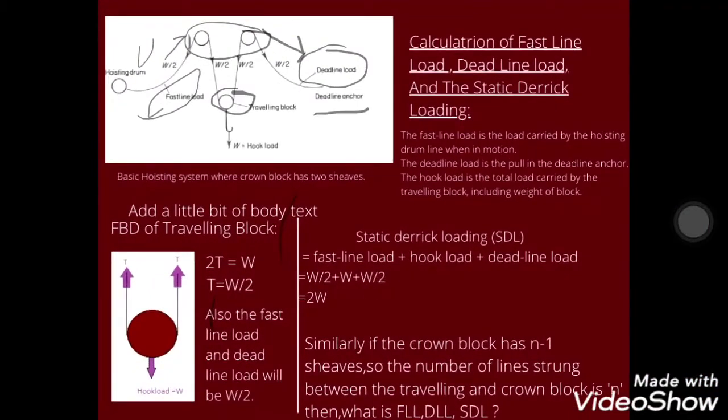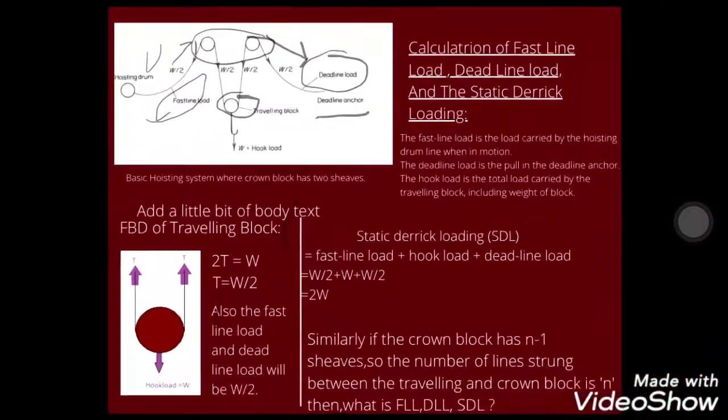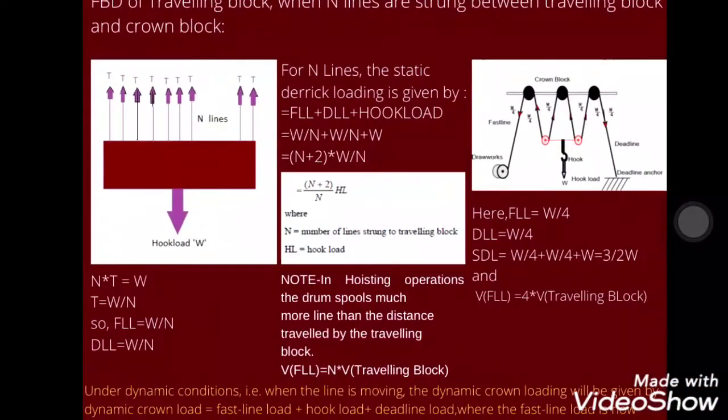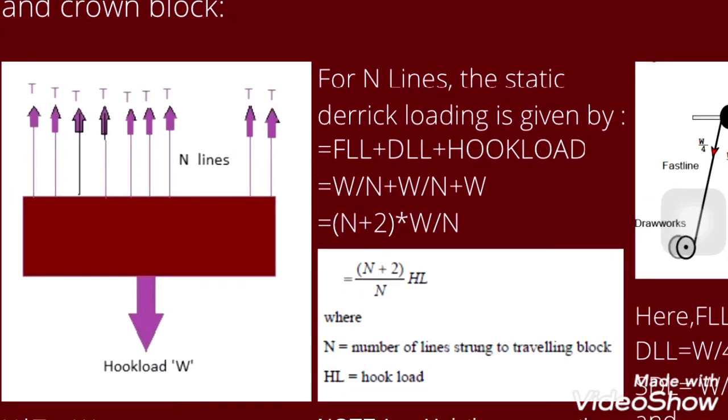Now what will happen if crown block has more sheaves than 2? So let's see here. Here is a diagram. We have considered that N lines are strung between the traveling block and the crown block, meaning that crown block will have N by 2 plus 1 sheaves.